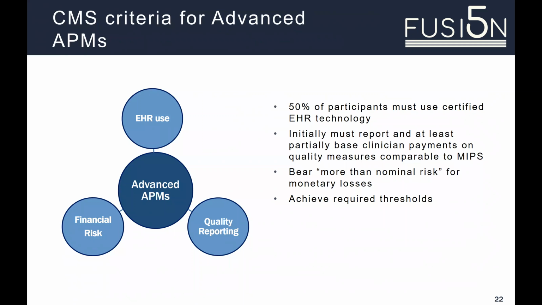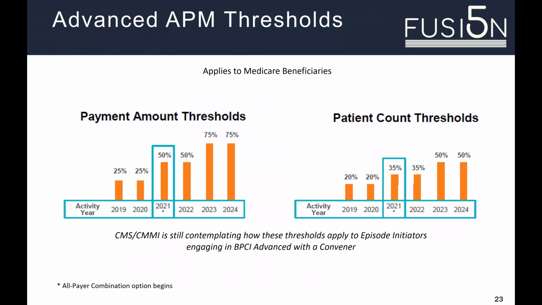And then you do, as an advanced alternative payment model, by definition, have to have some type of financial risk. And BPCI Advanced does have that. If the sum of claims is greater than the target calculation, that's the financial risk. So there are those conditions, which are very attainable and I think a much better path than MIPS.